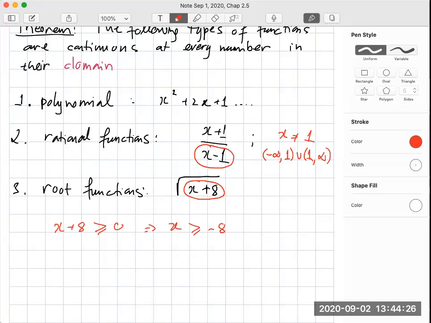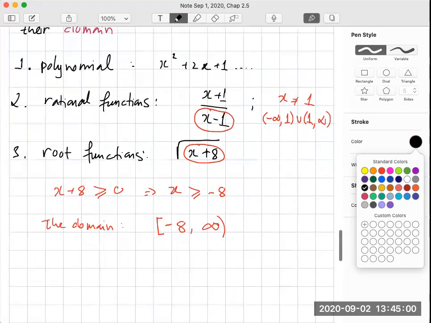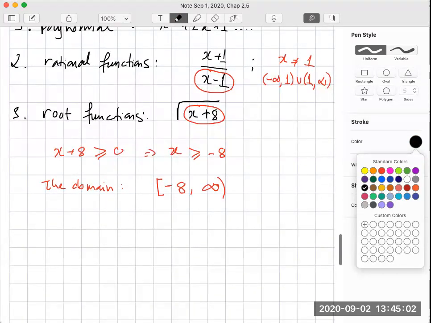So the domain of this would be any point from negative 8 to infinity, right? We are allowed to pick negative 8, so we use a bracket here. And for infinity we use a parenthesis because it does not belong to R, okay? So it means that this function is continuous on this domain.